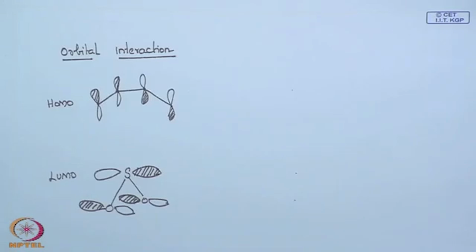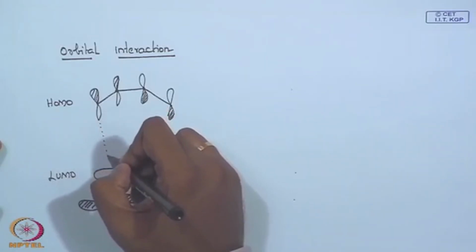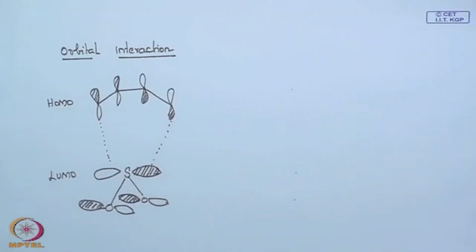Now you see the interaction, how it should be, whether it should be antarafacial or suprafacial. When you consider the HOMO and the LUMO, it is allowed. It should be a nicely suprafacial interaction, so that your stereochemistry is preserved. It is a direct interaction, so you get the specific products.